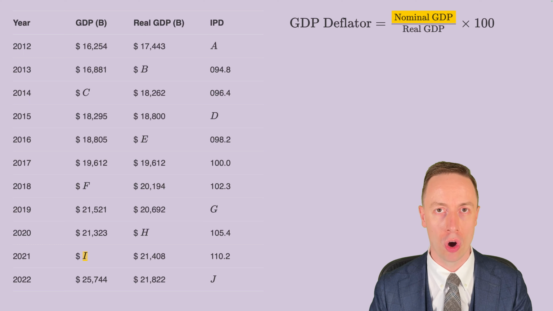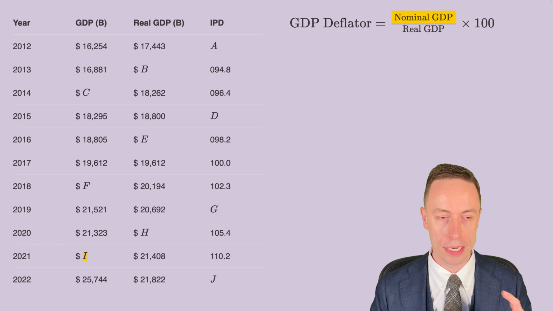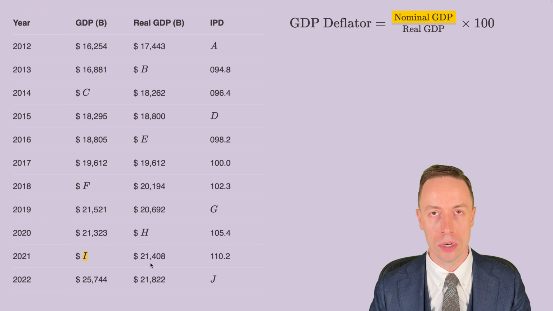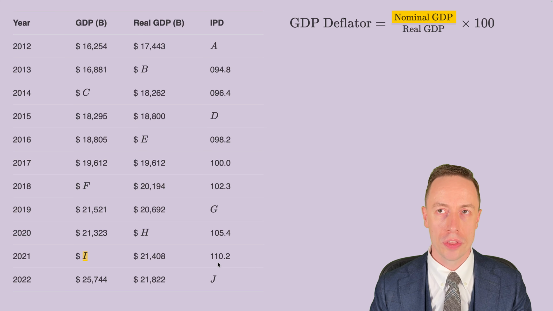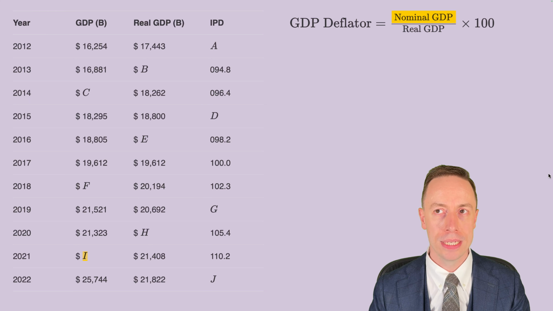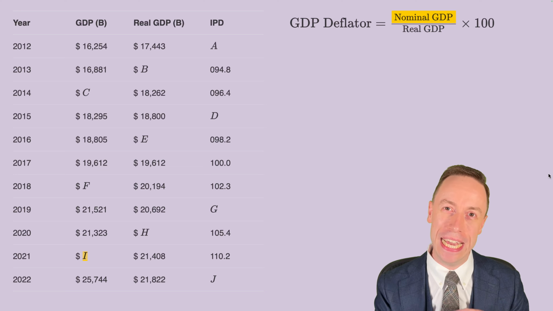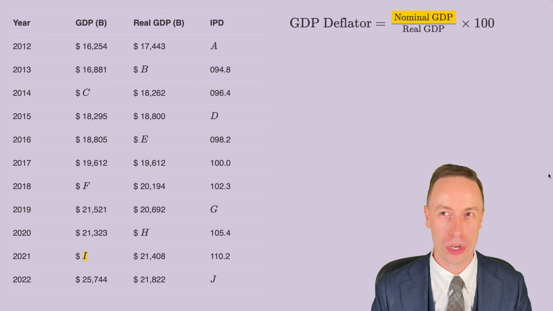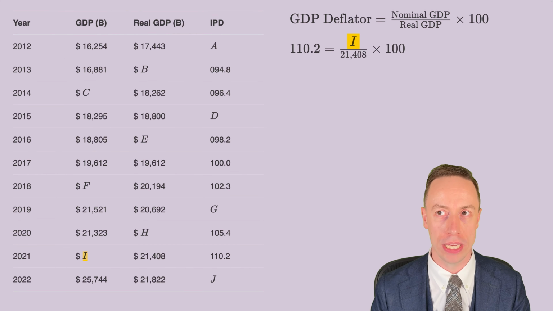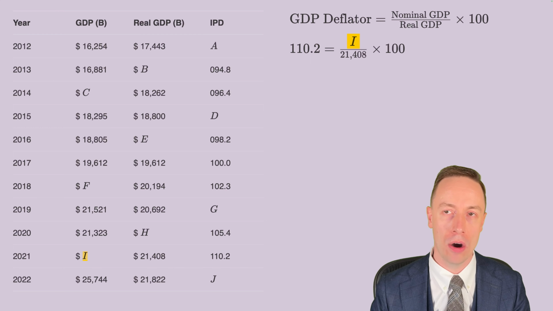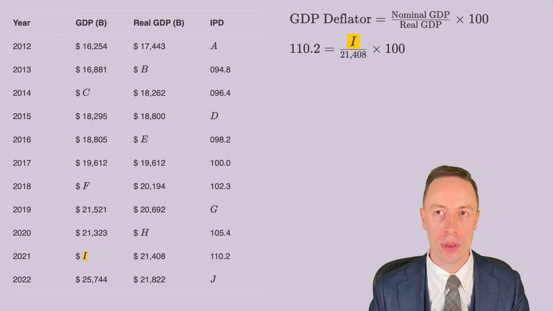What if you have to solve for nominal GDP, like in 2021? We know that real GDP was $21.4 trillion and our GDP deflator is 110.2. So now in our equation, we're solving for a number that's not yet on the left-hand side of the equation. We're going to have to do a little bit of rearranging here. So let's plug in our variable and our known numbers.